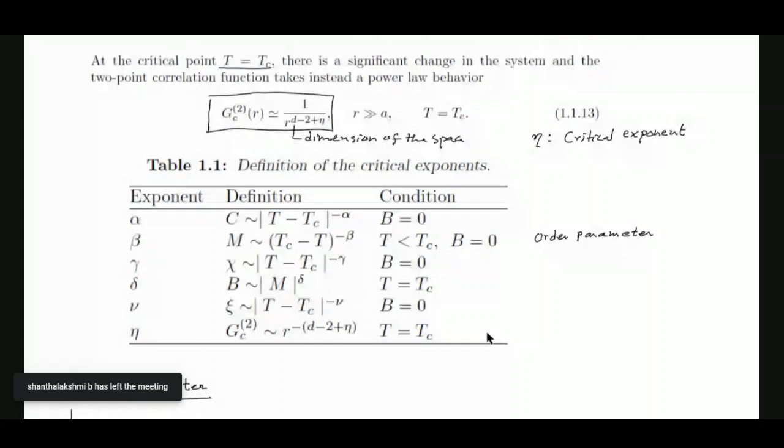So magnetization will be 0 in the disordered phase for T greater than Tc. For T less than Tc, even in the limit B equal to 0, the magnetization will change as Tc minus T to the power beta.